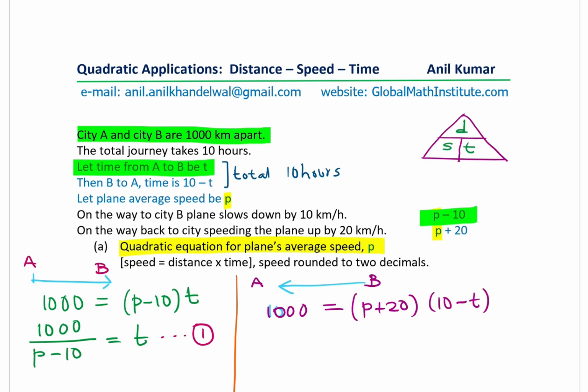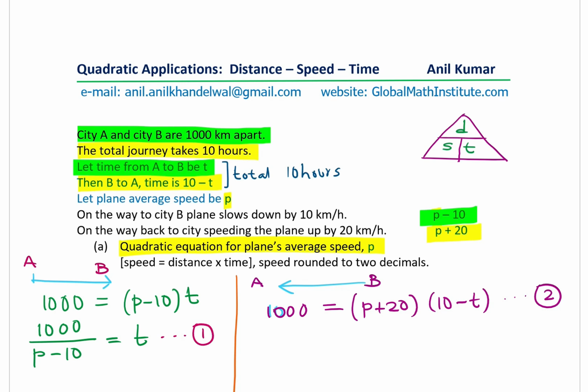So time taken is 10 minus t. So we get our second equation. Do you see how? This is the return journey. Clear? So during the return journey, we are taking p plus 20 as the speed and the time from B to A as 10 minus t. Perfect? Since total time is 10 hours.